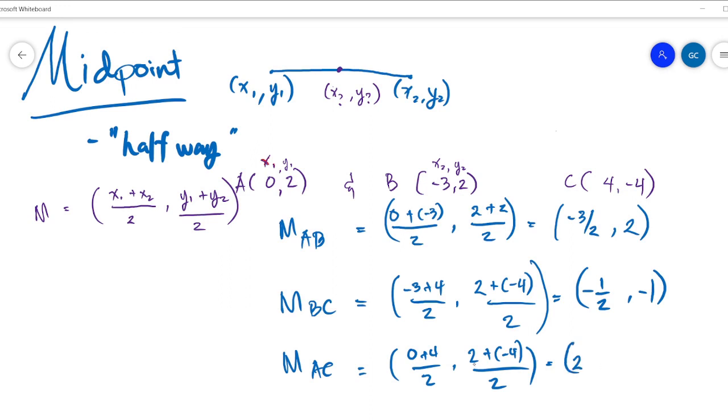And 2 minus 4 will be -2, and -2 divided by 2 will be -1. So 2, -1 will be the midpoint of points A and C. So it's that easy. You just need to get the averages of the x and y components of your ordered pair, and therefore you have their midpoints.